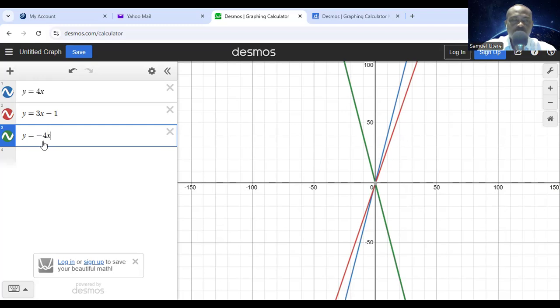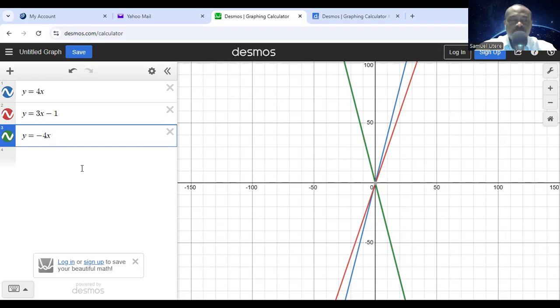Okay, so when this number, of course, we need to use the right word. Remember, we said the number next to the letter x is called the coefficient, and any letter next to a number we call a variable. So when the coefficient is negative, the graph slopes from bottom right to top left.